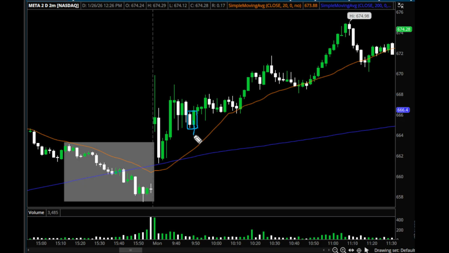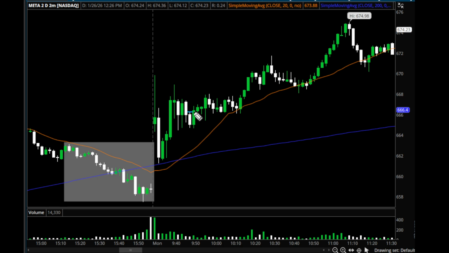Because at this point, this 20 is trending up from this 200. It's already crossed. It's not in the process of crossing. So I could see this one being a better entry, but this one is still valid and you still could have profited no problem. But this one's better. The break of the white is clearer, and the SMAs are clearer as far as trending. So that entry is better.